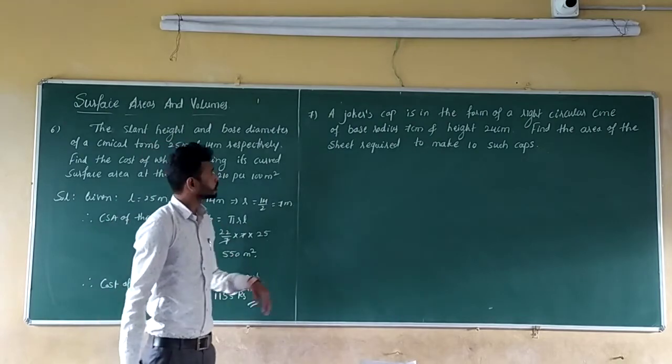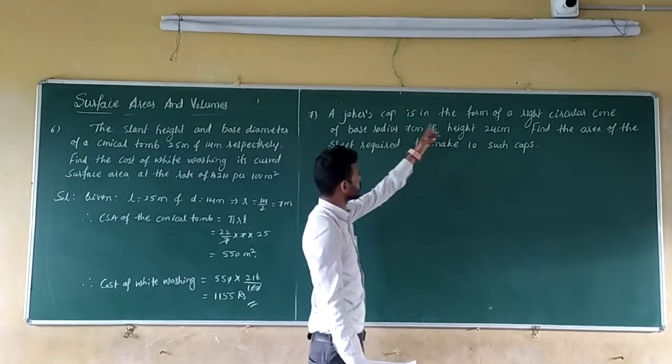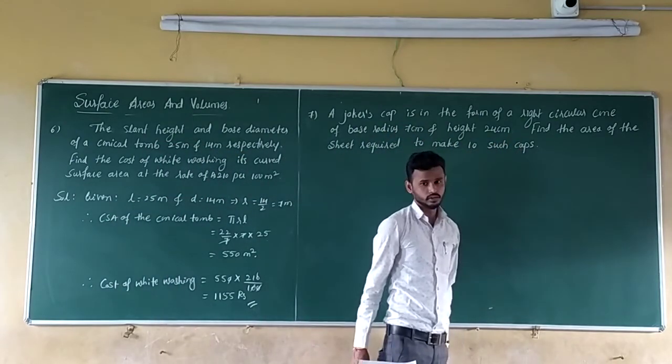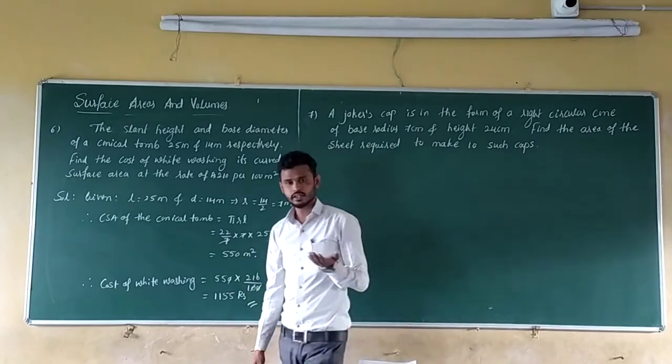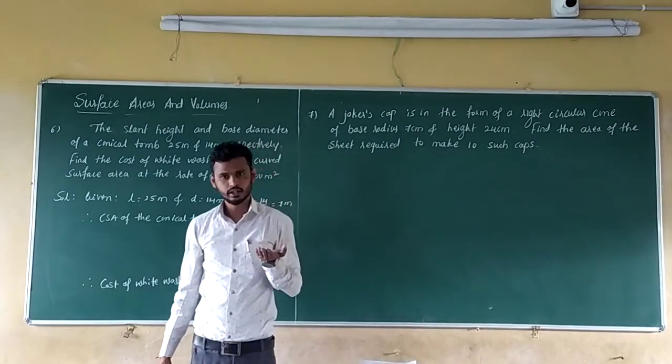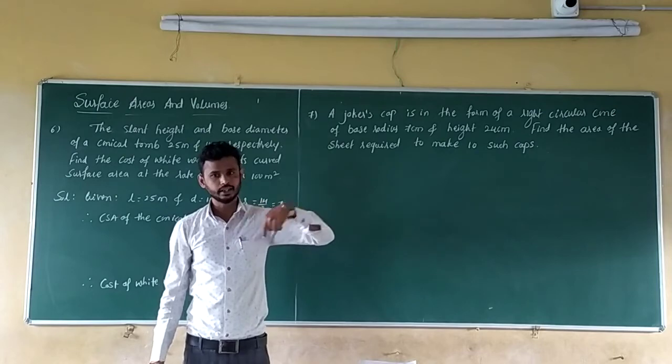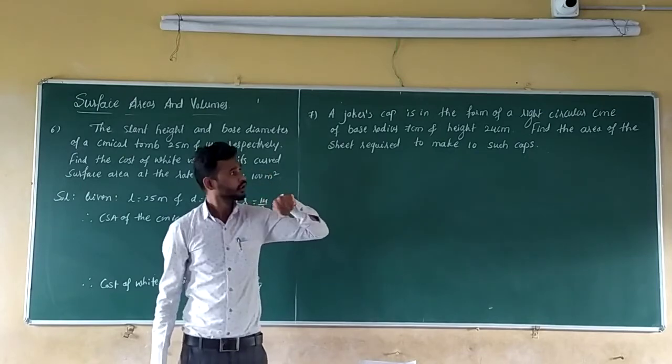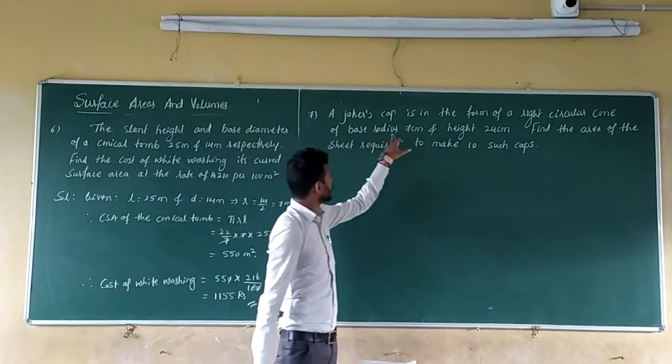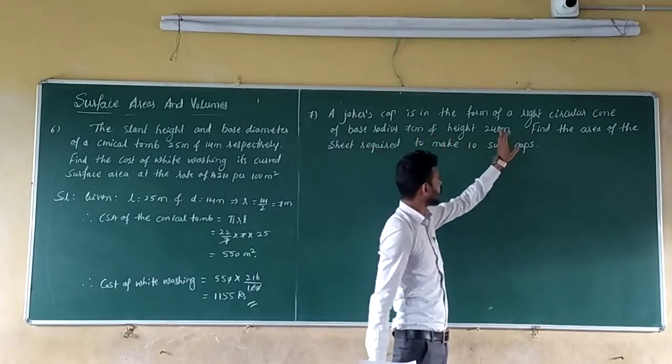So here a joker's cap is in the form of a right circular cone. Cap means it is open at the base. That means we need to find the CSA of the cap. The base radius is 7 cm and the height is 24 cm.